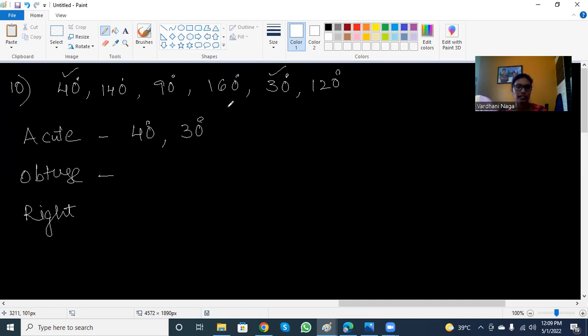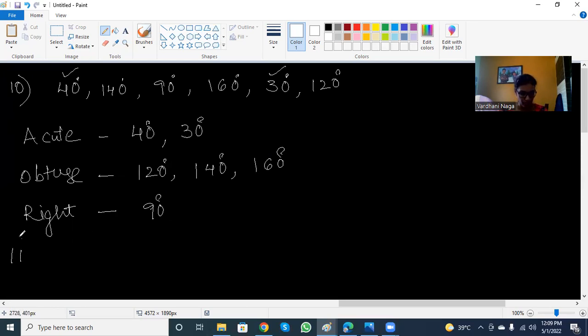More than 90 degrees are 120, 140, 160. A right angle is just 90 degrees. So this is the classification of angles.